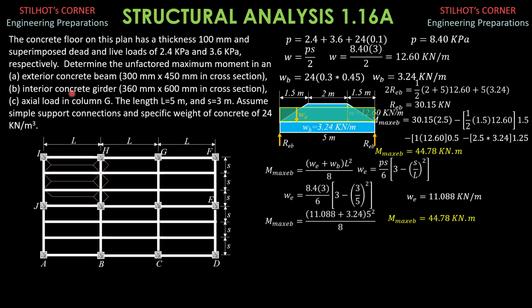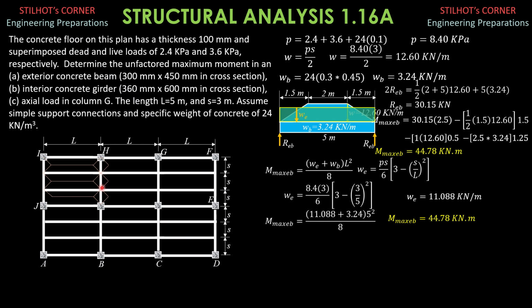Next, for the interior concrete girder, this is the tributary area. So we have 3 triangular loadings and concentrated loads here. The concentrated loads here would be the reaction of the interior beam. Since this is an interior girder, we double the end reaction of the interior beam.